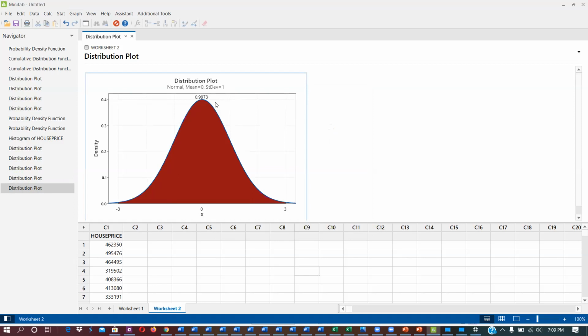Now my question is, you know 2 sigma, 4 sigma, 6 sigma. What is the value of 1 sigma, 3 sigma, and 5 sigma? What is the probability of 5 sigma? What is the probability of 3 sigma? And what is the probability of 1 sigma?